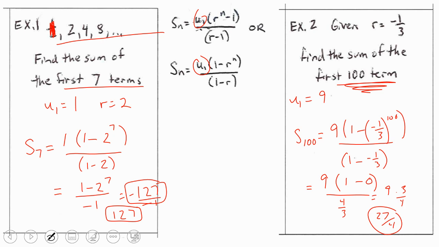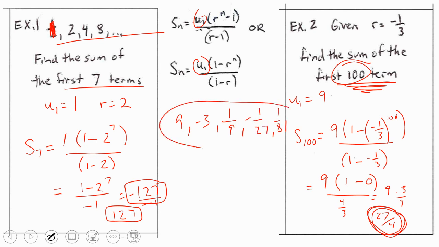One of the things that is interesting about geometric sequences is that the bigger this goes, the more finite this number is. You'd think it'd be a bunch of decimals, but if you think about what happens here, if we're at 9 and we multiply by negative 1/3, and we keep doing that, pretty soon these numbers are basically becoming nothing.